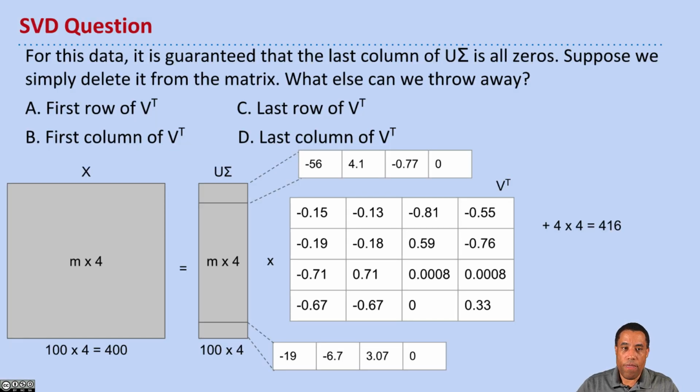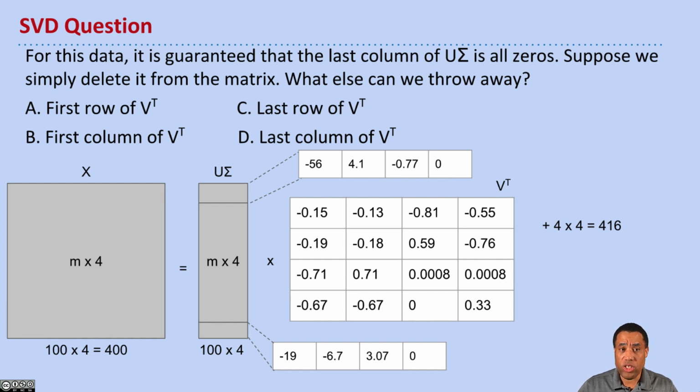So for this data, it's guaranteed that this last column of U sigma is all zeros. So we could just throw it away. Now, if we throw that away, what else would we look at throwing away? Maybe the first row of V transform, or the first column of V transform, or the last row of V transform, or maybe the last column of V transform, so we have matrices that we can multiply out.